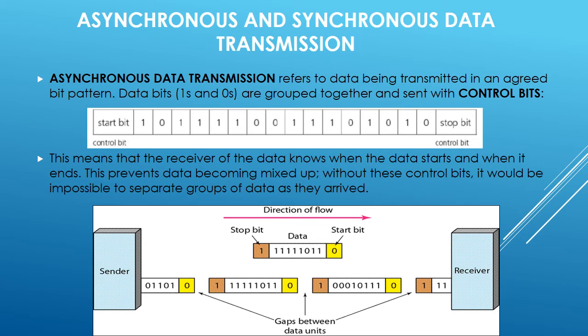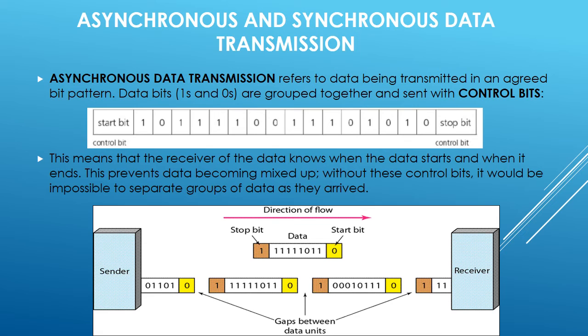You can see in the second block diagram the direction of flow, a byte of data, the start bit, which is shown in yellow color, and the stop bit, which is shown in brown color.